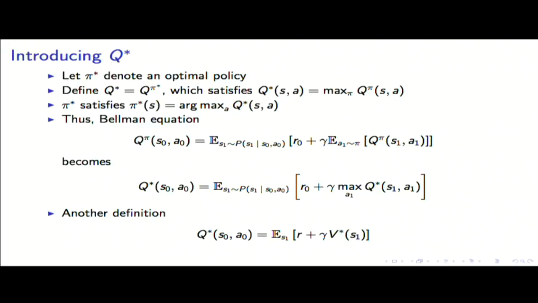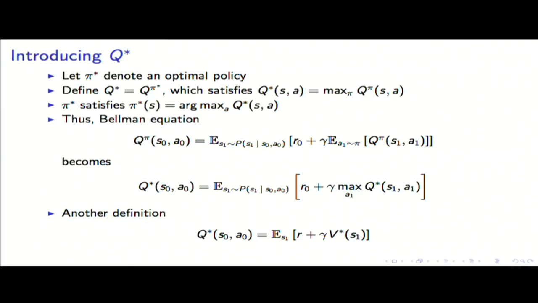Another, maybe easier, way to get this is to say that the Q function relates to the value function. The value function is just the expectation over actions of the Q function. This is conditioned on a sub 0.